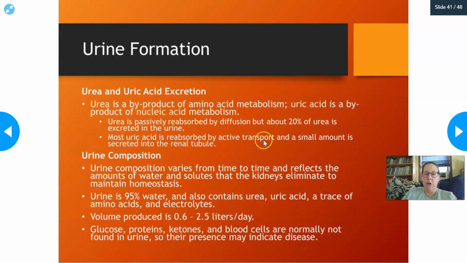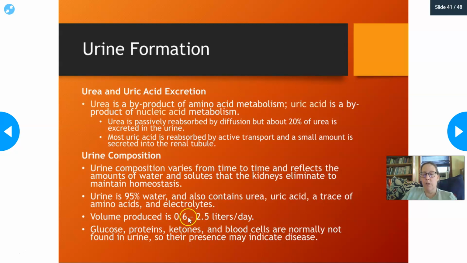Urine composition will vary from time to time, so it can vary throughout the day, and it reflects the amount of water and solutes that the kidneys can eliminate to maintain homeostasis. Normally urine is 95% water and will contain urea, uric acid, a trace of amino acids, and some electrolytes. An average volume produced is anywhere from 0.6 to 2.5 liters a day.